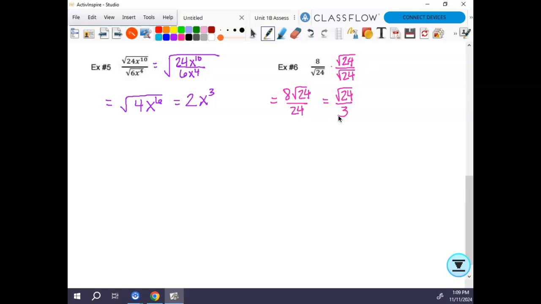Now that I've got that and reduced that, then I can worry about the square root of 24 and simplifying that. What are two numbers that multiply to give me 24? 12 and 2. What are two numbers that multiply to give me 12? Okay, 6 and 2. And then 6 would be 2 and 3.